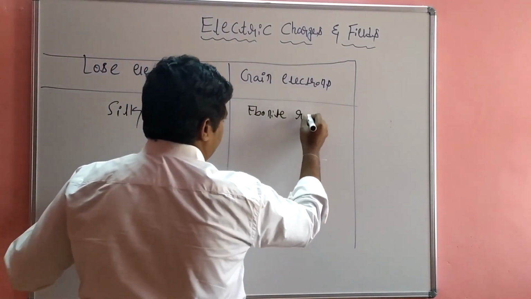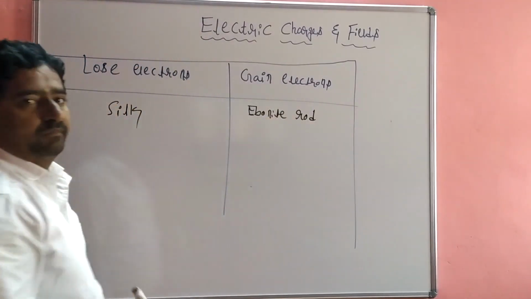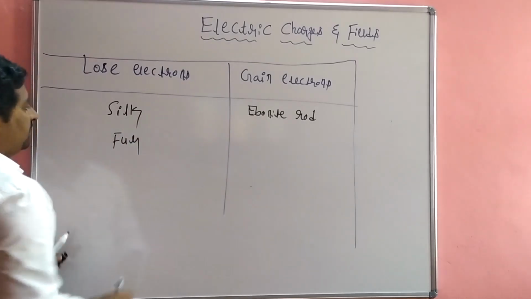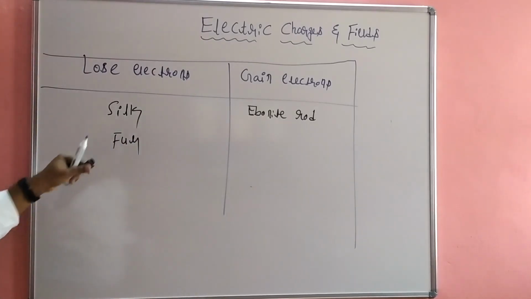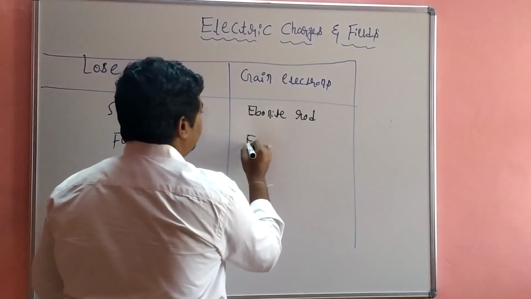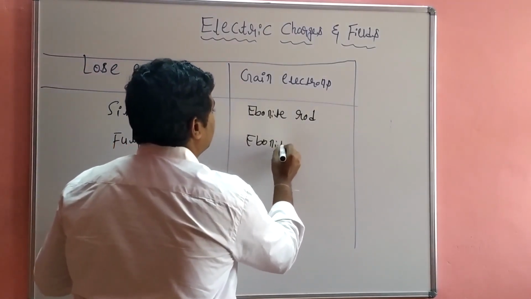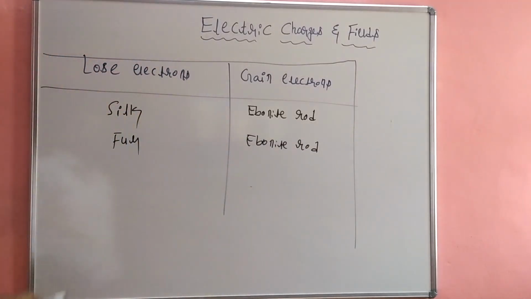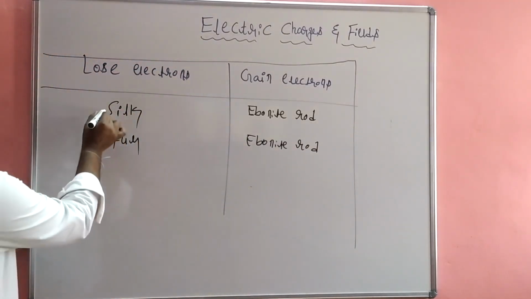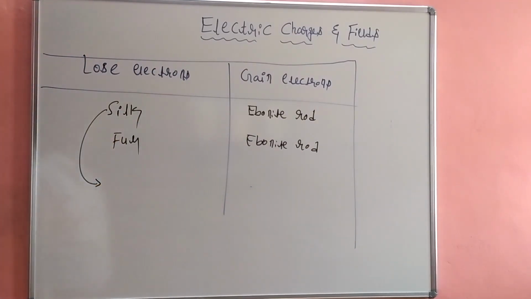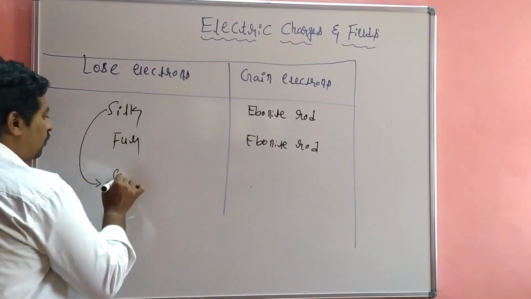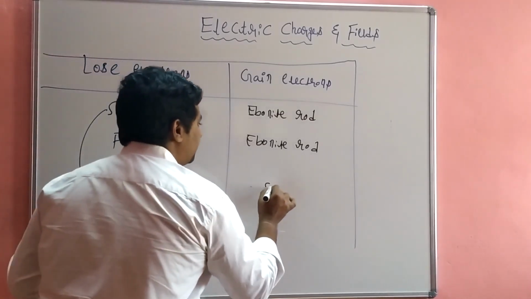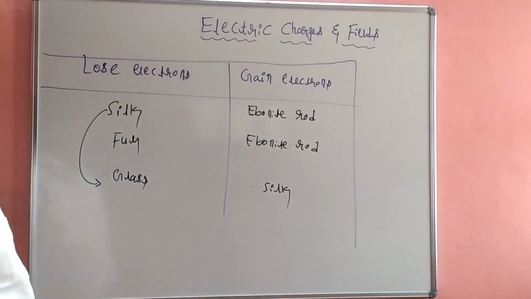When the glass rod is rubbed with silk, the glass rod loses the electron and the silk gains the electron.